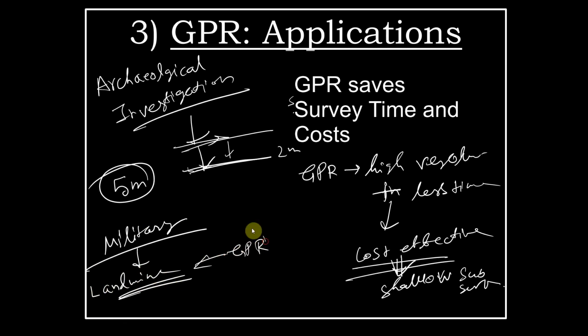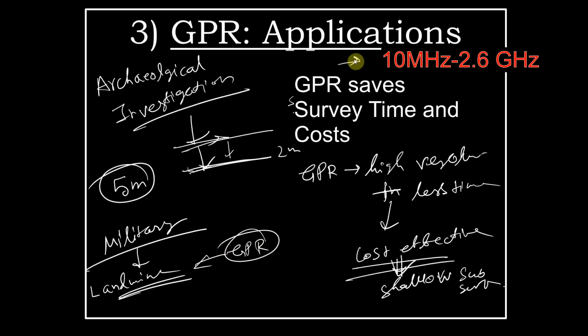So there is specialized equipment for that. But if you are a geologist or geophysicist, or if you are from civil, then you will be using a different frequency of antenna. For military landmine detection they use higher frequencies, and I have already discussed which frequency type you should use if you are from geology or from civil. Okay.